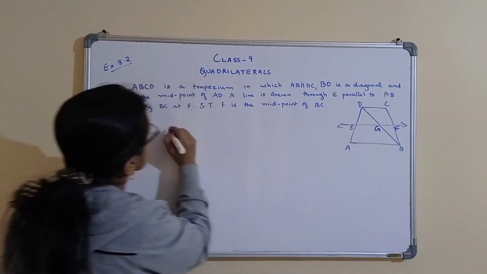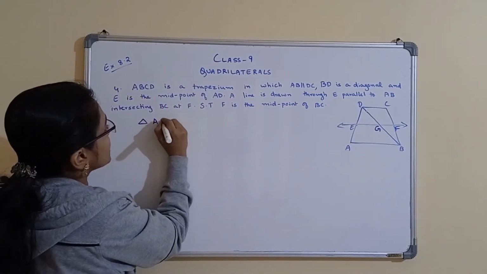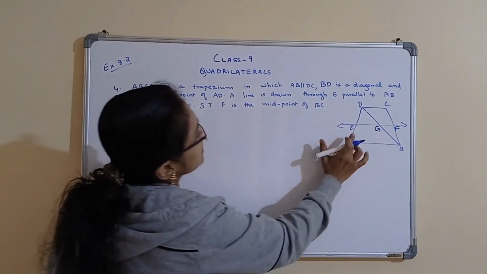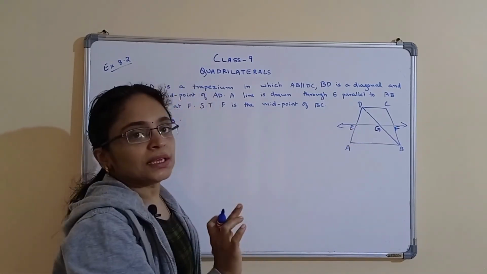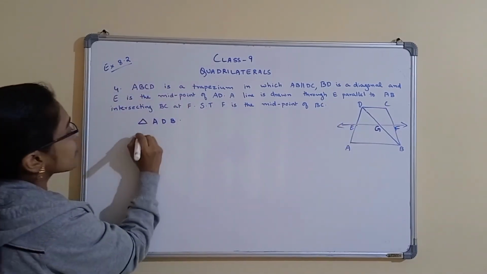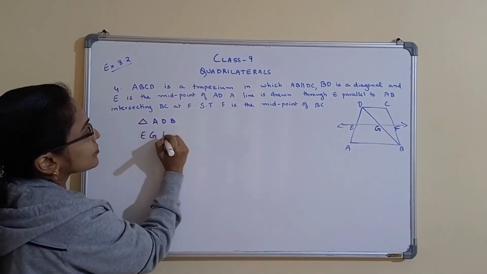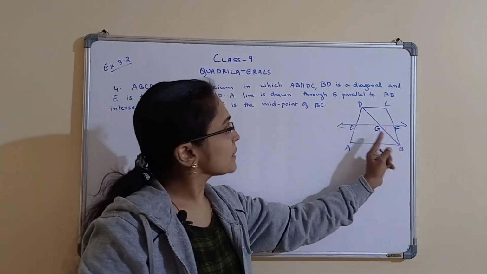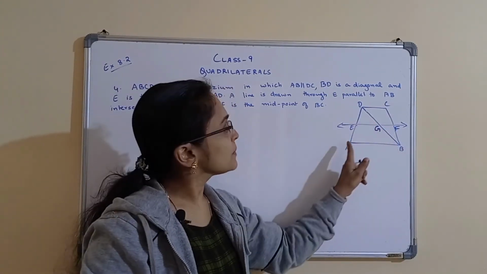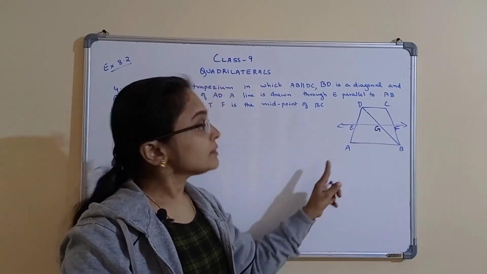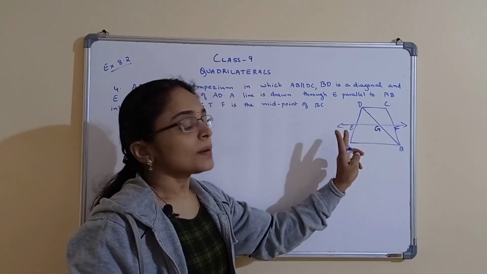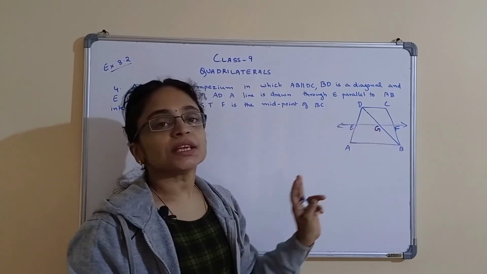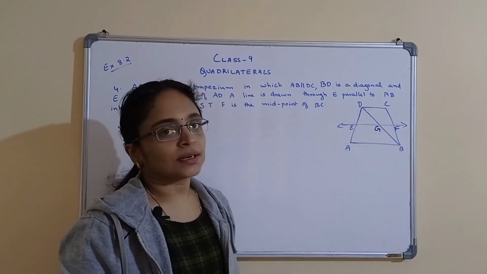So, considering triangle ADB, this EG is parallel to AB, right? Because this EF is parallel to AB, which means this EG will be parallel to AB, right? So, by converse of midpoint theorem, we can say that this G is the midpoint of BD, right?